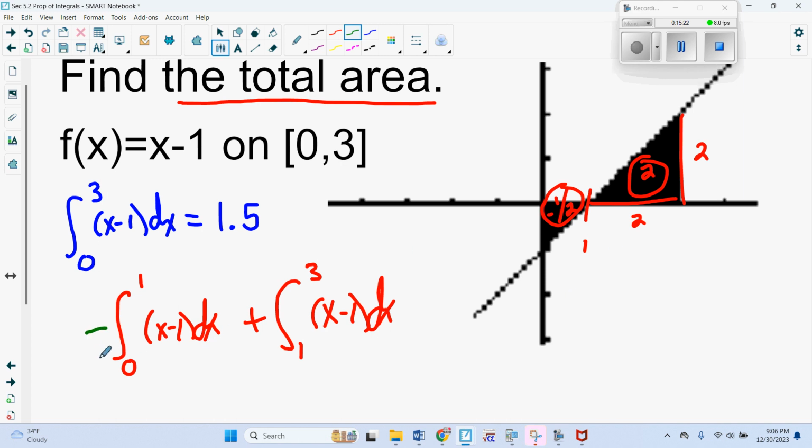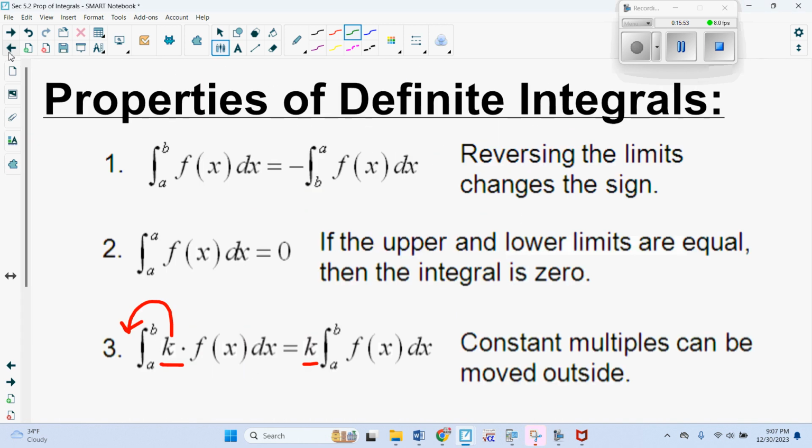So I need to put a negative in front to make it positive so that my total area is 2.5. We talked about this when we talked about the difference between displacement and distance, right? This would be displacement, where you have to deal with the positives and negatives, and total distance, you have to make everything positive. All right, that is our section 5.2 on the properties of definite integrals.